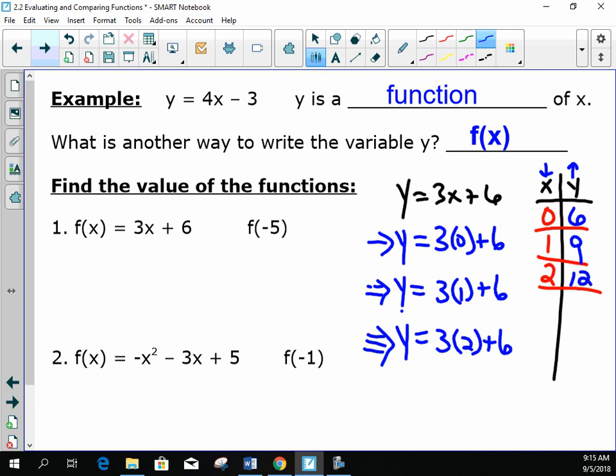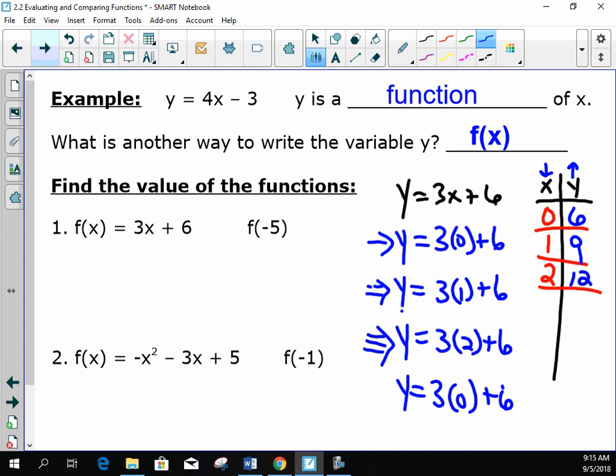Because what that means is if I had something, I cannot put 0 in for x, add 6, and come up with anything other than 6. If I do, you're not dealing with a function. You're dealing with something different.